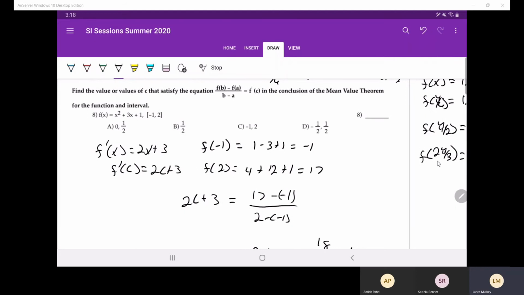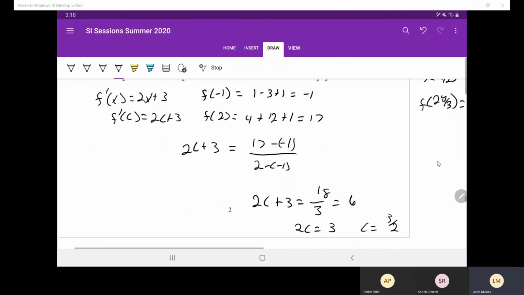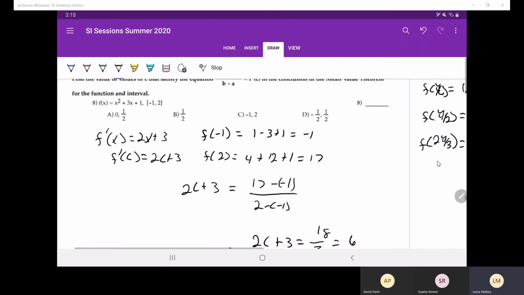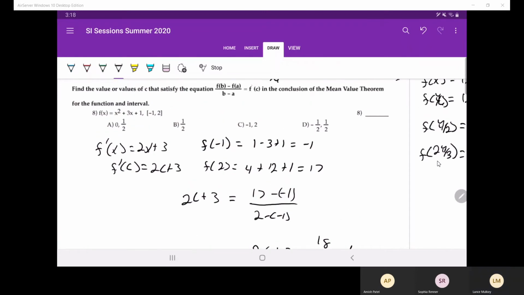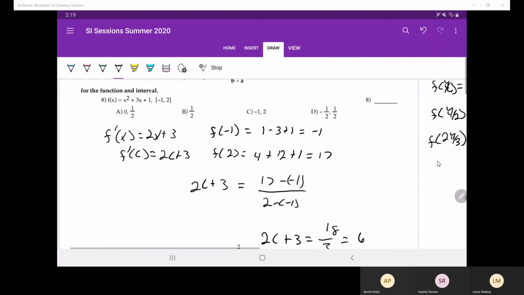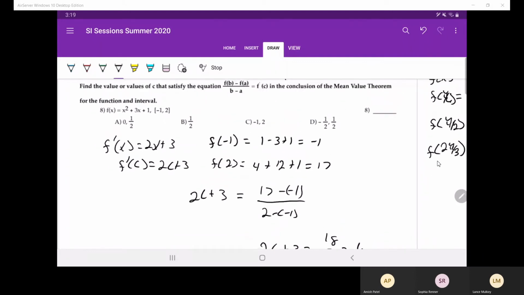Wait, how did I do this wrong? Okay, apparently I did this one wrong.